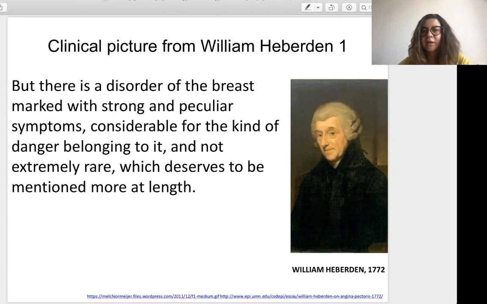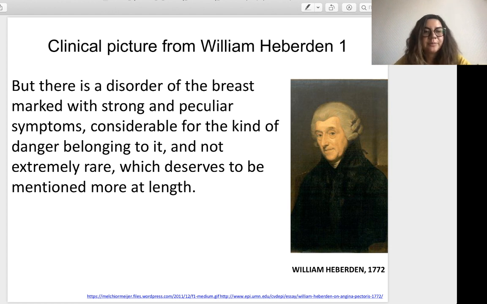Clinical picture. It was formulated historically in the 18th century by Dr. William Heberden. Now I have to give you an example of how Mr. Heberden explained the clinical picture of angina, to show you that it is nearly the same as our today's understanding of the clinic of angina.